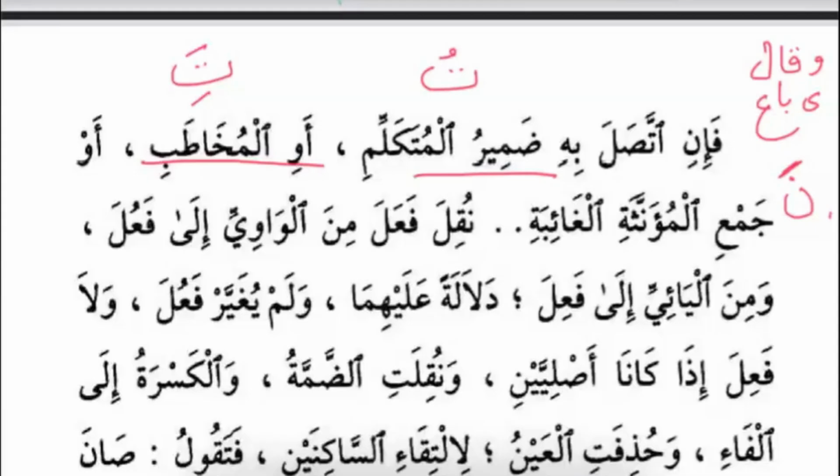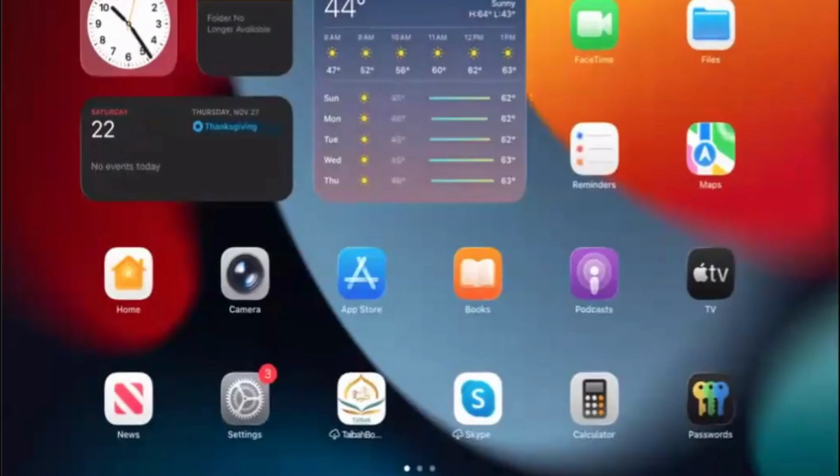When these pronouns suffix to this hollow verb, then what happens? Let me actually pull up a blank page. So you have قال and باع. قال is wawi, باع is ya'i.